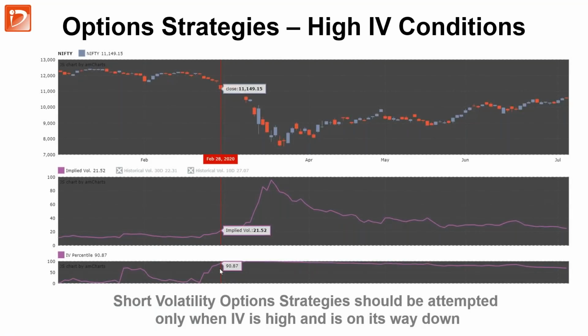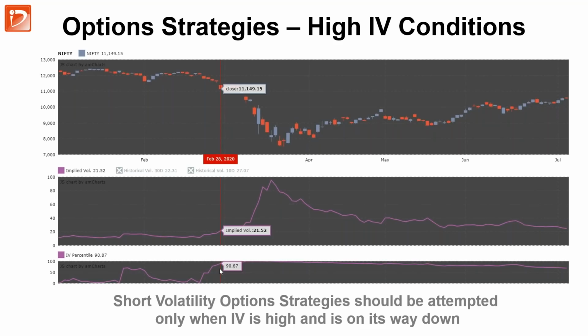So one thing, as I said, these should be done in high IV conditions, and these are all short volatility option strategies, because implied volatility has mean reverting characteristics. When it goes up, it always has to come down to the mean. That is why it's called mean reverting.